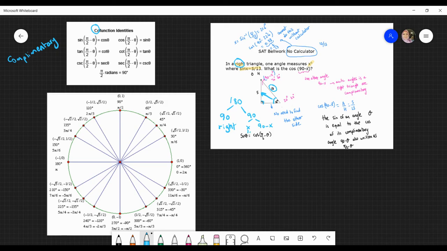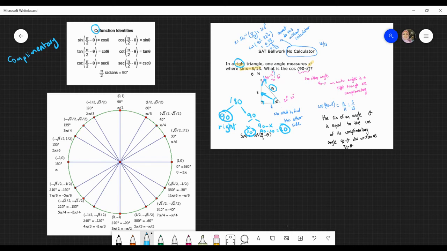An easy example would be, if we had a 10-degree angle, how would I know the third angle? I'll do 90 minus 10 and I'll get 80. That way I'll have 80 and 10, that's a 90, and the right angle, another 90, that will add up to the 180 degrees. So the key to solving this question is understanding that the third angle right here would be 90 minus x.